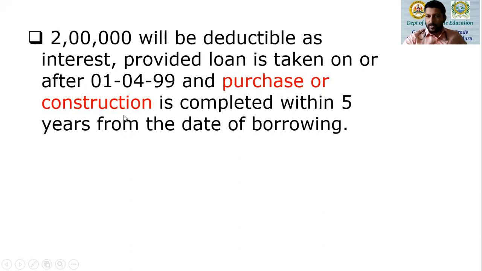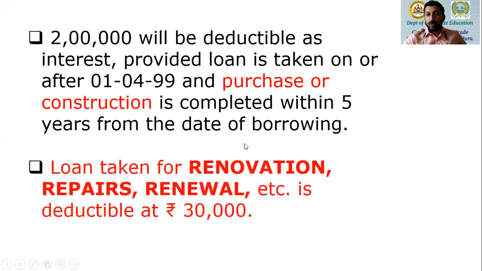But when it comes to construction, that construction must be completed within 5 years from the date of borrowing. So this is a very, very important rule. So the loan is taken on or after 1st of April 99, and the purchase or construction of that house property, that is the self-occupied house property, is completed within 5 years from the date of borrowing.